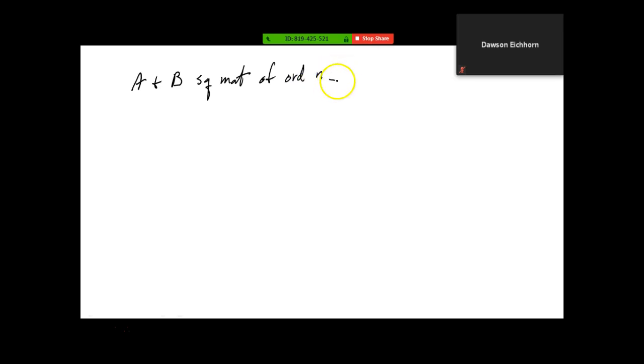If that's the case, then the determinant of the product AB is always equal to the determinant of A, not just for these two we had here, times the determinant of B. If I can get the pen to write. Okay, there it goes. There's your theorem. They do a little proof with it here.